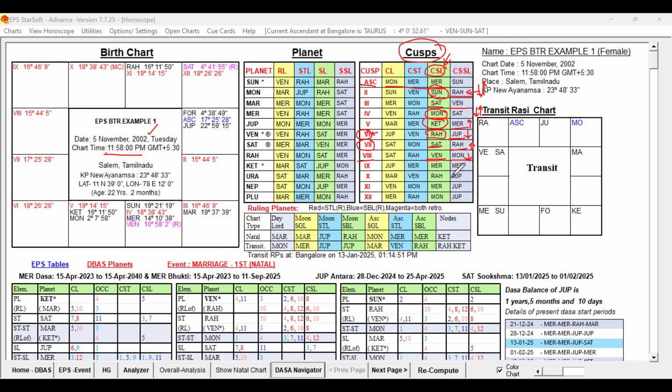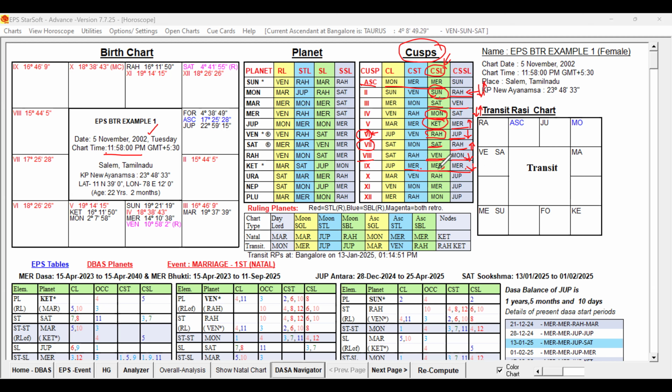And definitely the ninth cuspal star lord is Mercury, sublord is Mercury, sub-sublord also Mercury. So it is clearly indicating that the ninth cusp is on the border. So if the birth time decreases by 1 or 2 minutes, what will happen? That Mercury star lord will change to Saturn, because the star previous to the Mercury star is the Saturn star.